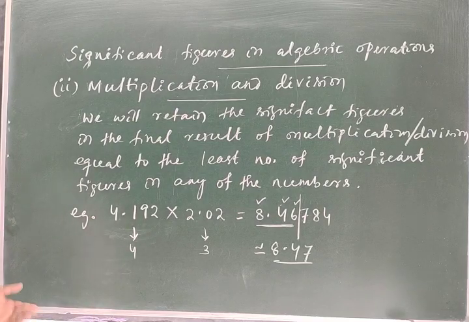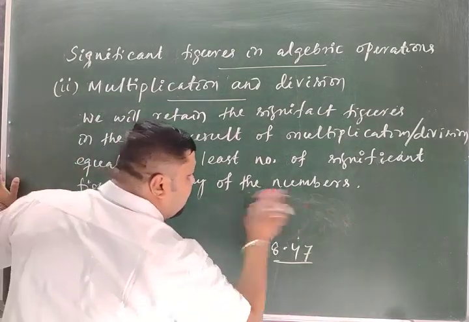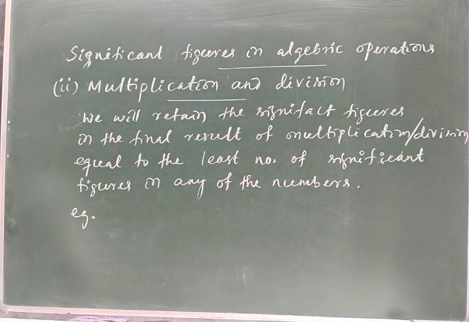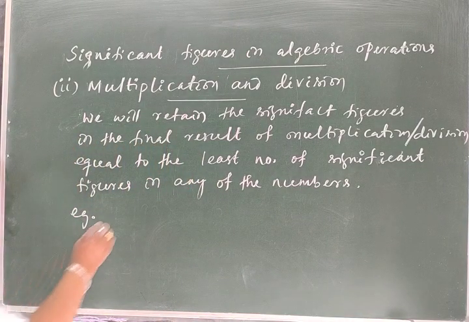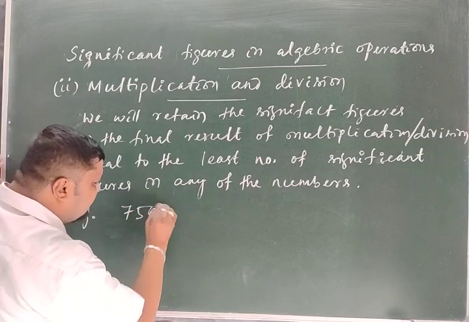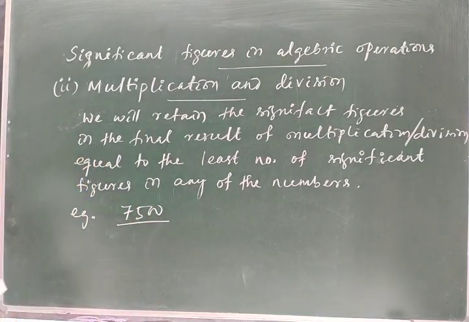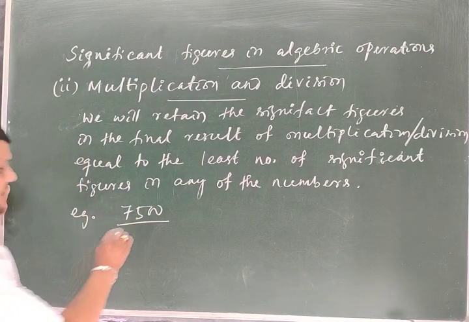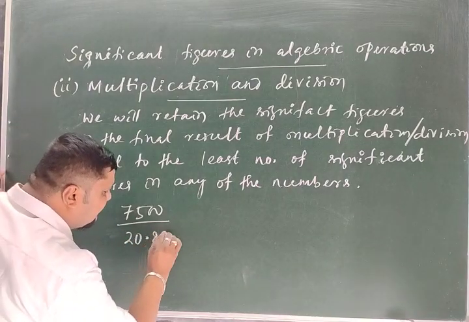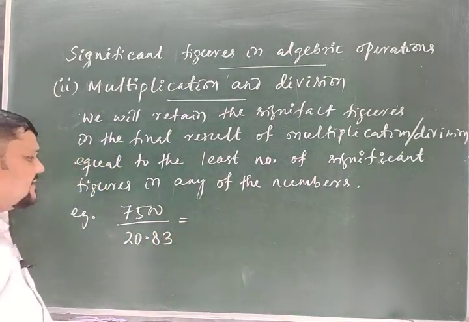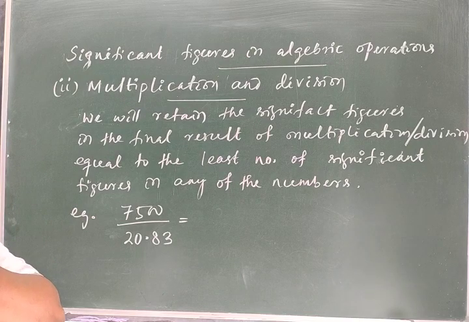Now you can go for one example for division. So what will I do for a division case? Suppose I got a result here: 7500 divided by 20.83.